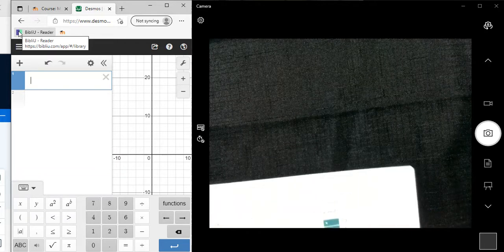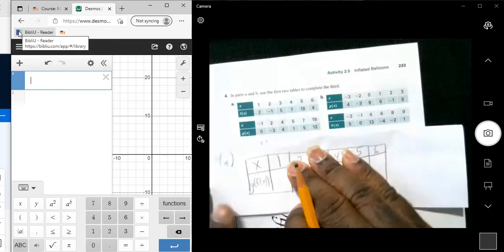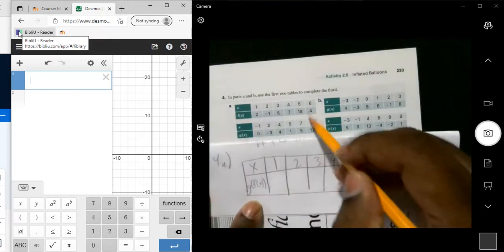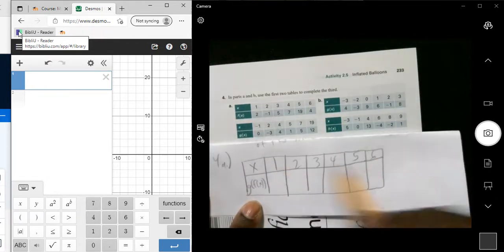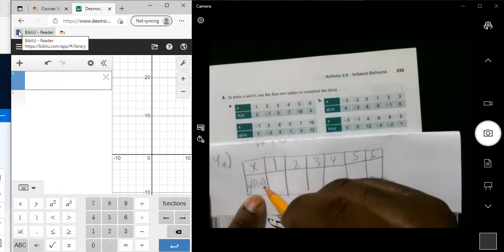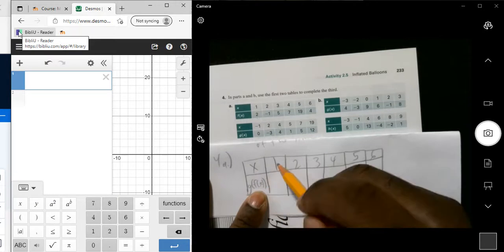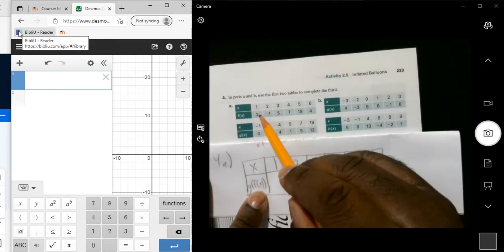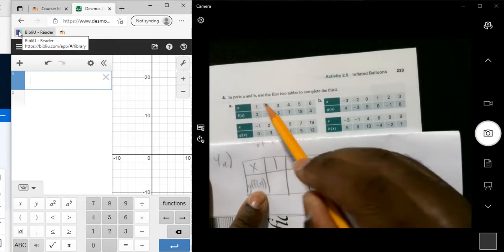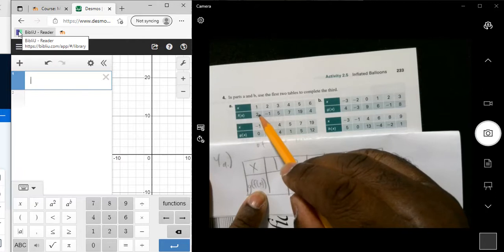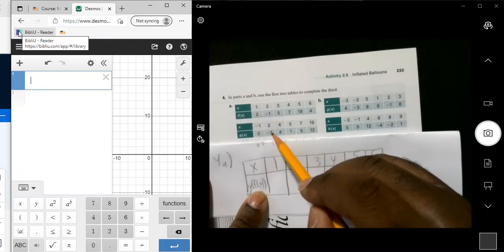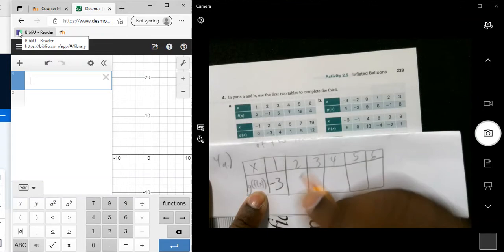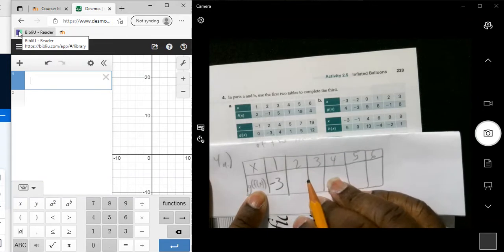Now we want to use these two tables to fill this in. So first we go to f of 1, which gives us 2. Then we take this 2 and go down to g of 2, which gives us -3. So this would be 1, -3.